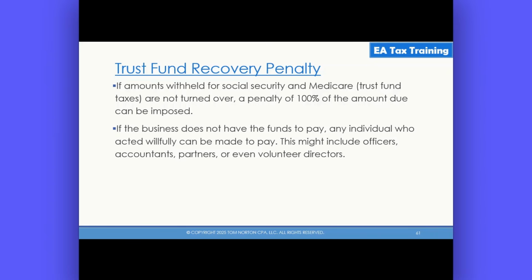And if that business owner cannot afford to pay it, say all the money's gone, then the IRS can look to anybody else who may have been involved in that. Anybody else who was also complicit in not paying that money over to the IRS can be held liable and have to pay these amounts. So this is a really big deal. And so you want to make sure that your clients are following the rules.